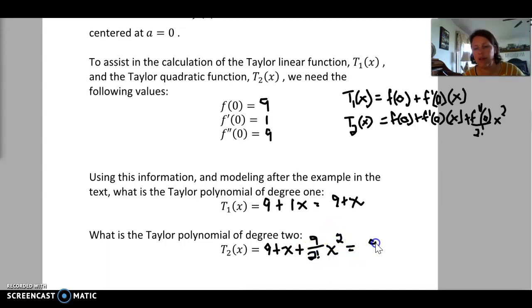So rewrite that, we would have 9 plus x plus 9 halves x squared. And we could rewrite that as 4.5x squared if you want to, or just leave it as an improper fraction. Either way is good. Okay, and that's it for example number 1.